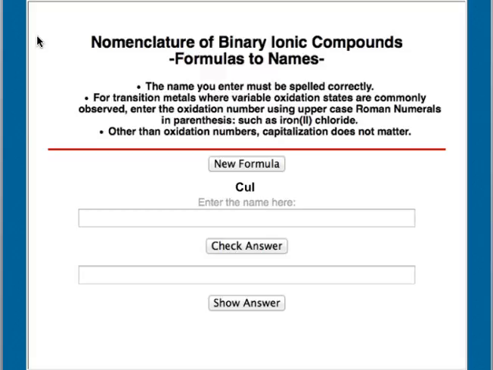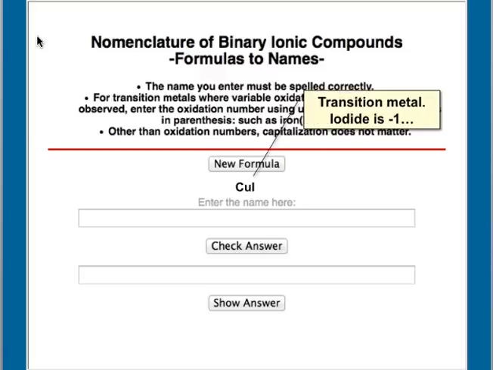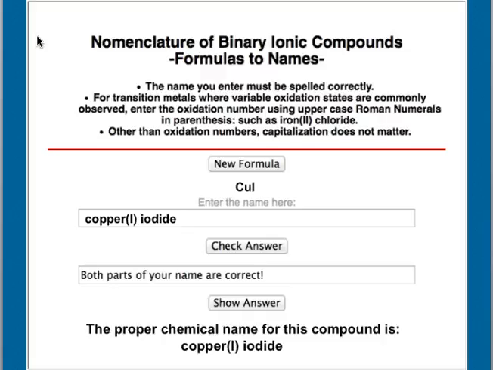The halogen is going to be -1, isn't it? So that means this copper must be +1. So we would write copper 1 iodide. Remember, no space. Copper 1 iodide.